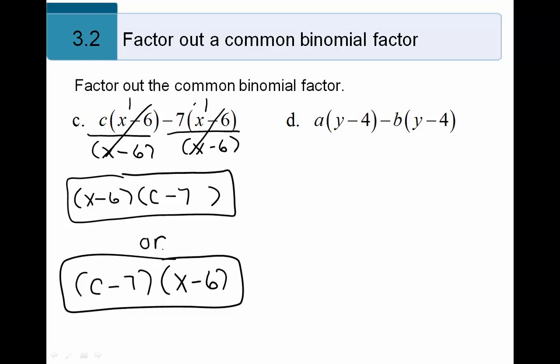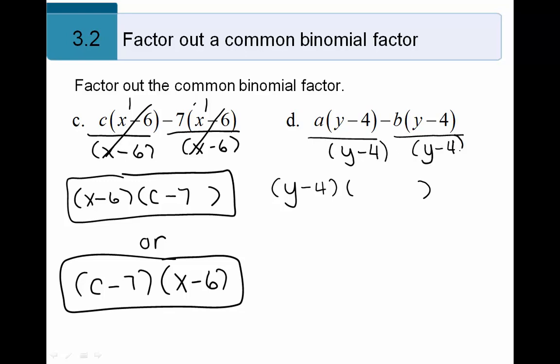And the same goes here. We have a multiplied by y minus 4 as a term, minus b times y minus 4 as a term. Your common binomial factor is y minus 4. You're factoring it out, undoing that distributive property, and you'll divide each of the terms by y minus 4 to figure out what goes in parentheses.